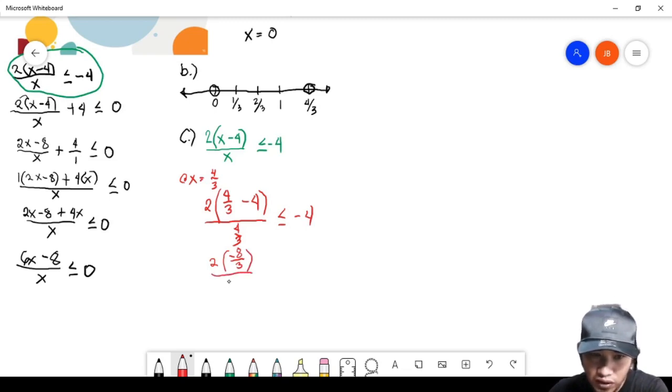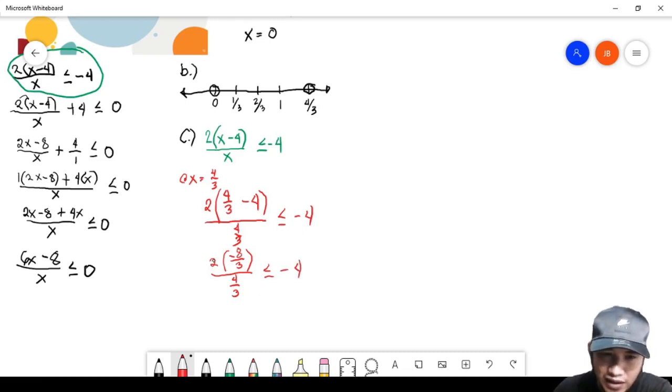All over 4 over 3. Ulitin ko tong part na to ha. 3 multiplied to negative 4 is negative 12 plus 4, that is negative 8. Okay? All over 4 over 3 is less than or equal to negative 4. Alright?